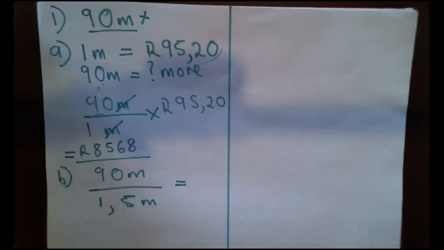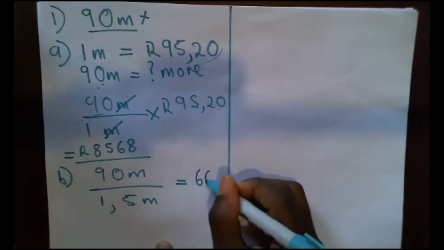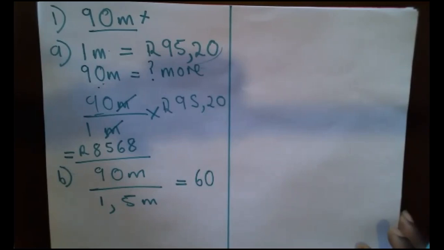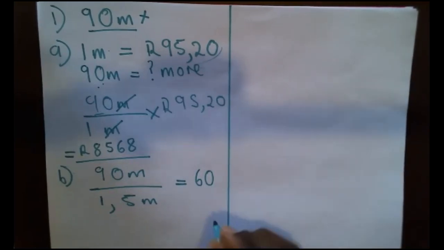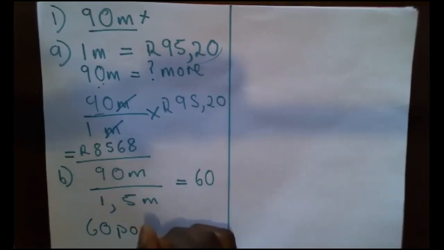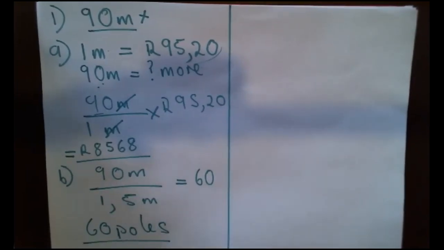That will give us to what? Okay, to 60. Yes. You guys are really bright. I already have a lot of guys giving me the correct answer there. Zachary got me 90. Thumbs up for Zachary there. So we have 60 poles. That's how many poles he has to use.